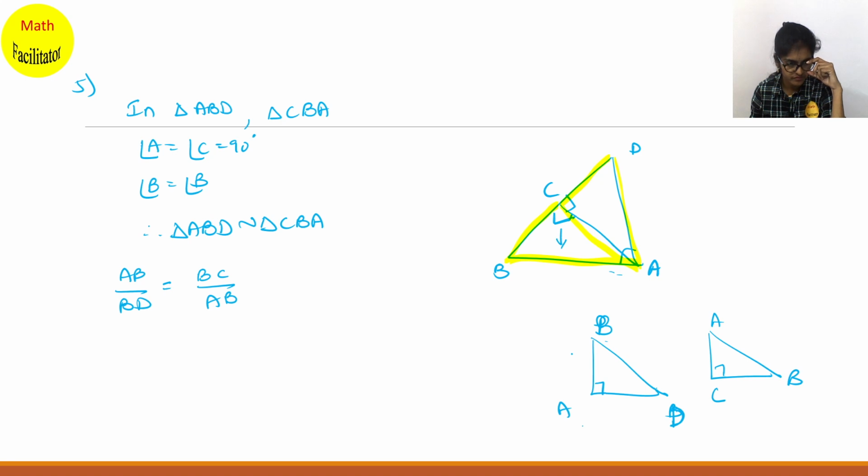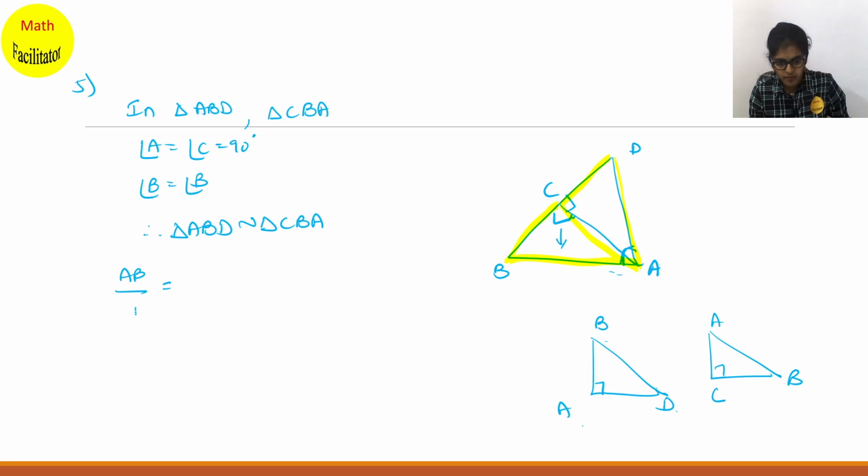See, AB by BD. Now the two triangles are similar to each other. AB by BC. Let's write it. Okay, AB by BC. We're taking it as B and D. Okay, A is 90 degrees, opposite side is BD.